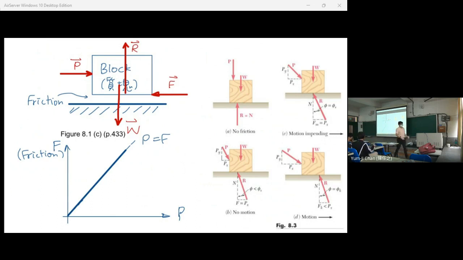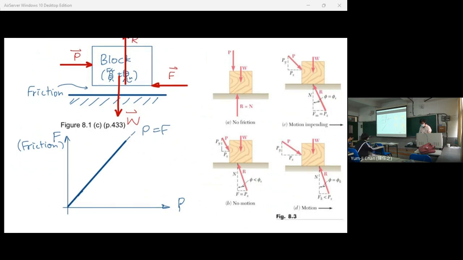But we have found that the relationship actually looks like this.